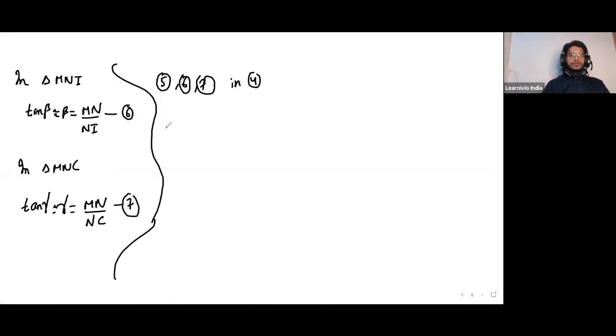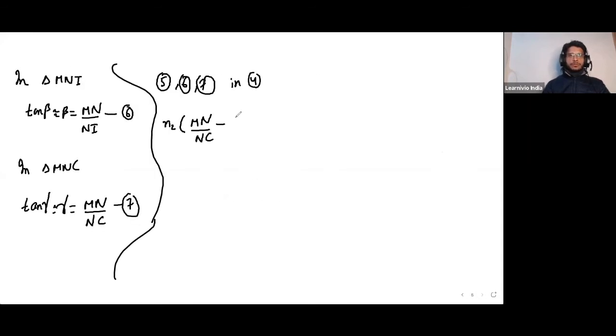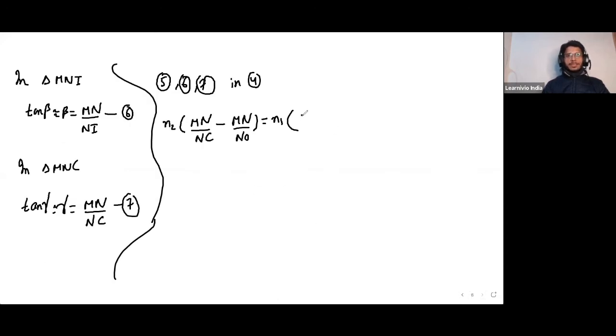So it's n2 times gamma minus alpha. It's MN by NC minus alpha. How much is alpha? It's MN by NO, equal to n1 times gamma plus beta. Gamma is MN by NC plus beta, which is MN by NI.